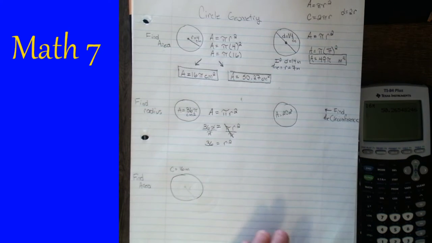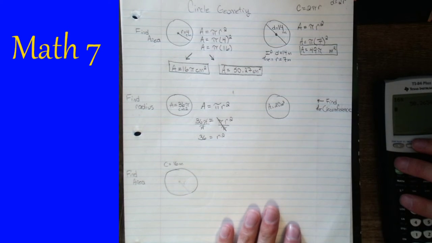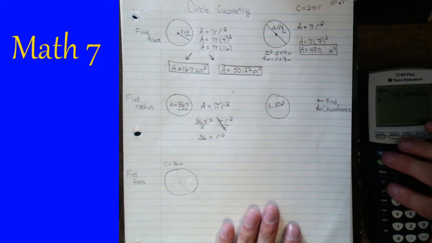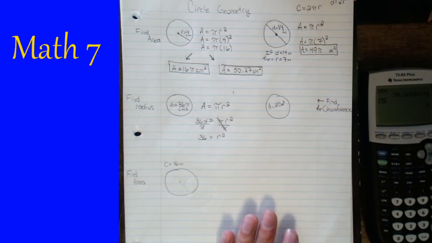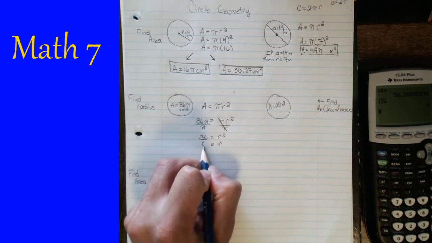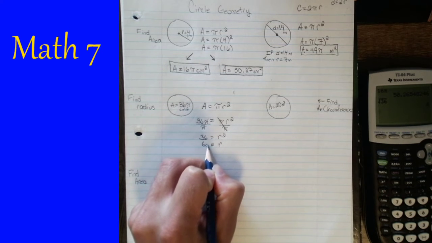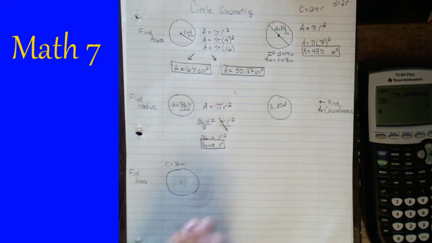And then there's a function on your calculator called the square root. We can take the square root of 36 and we'll get 6 as an answer. This represents a radius of 6 centimeters. So there I've gone ahead and solved for that.